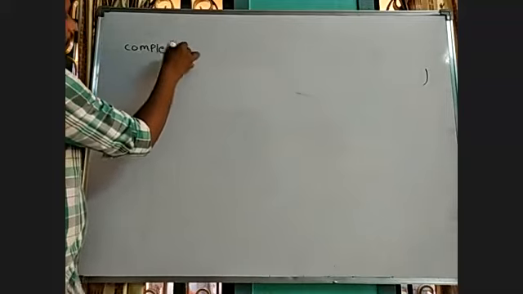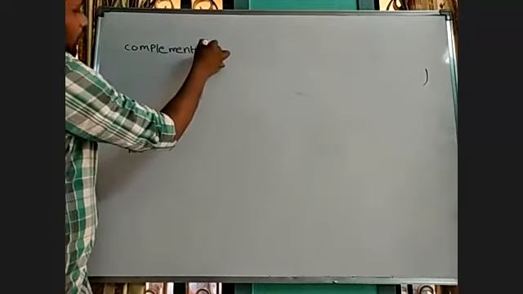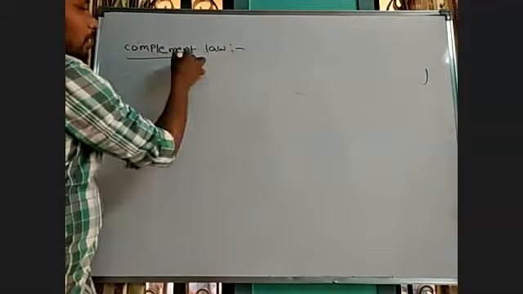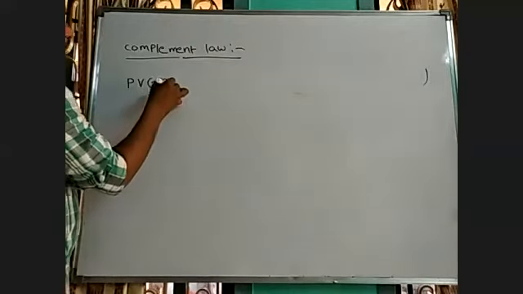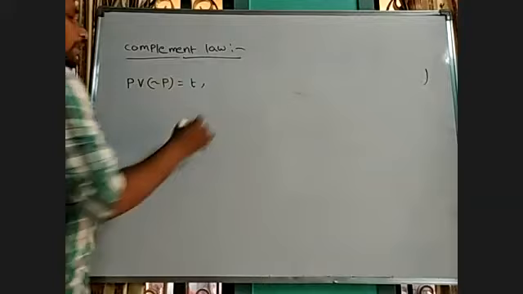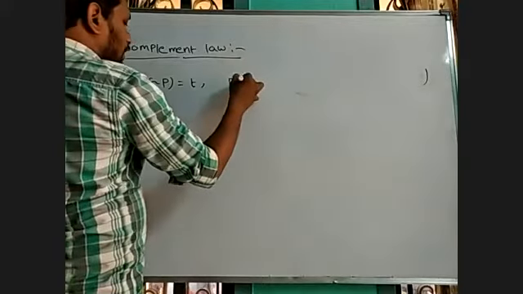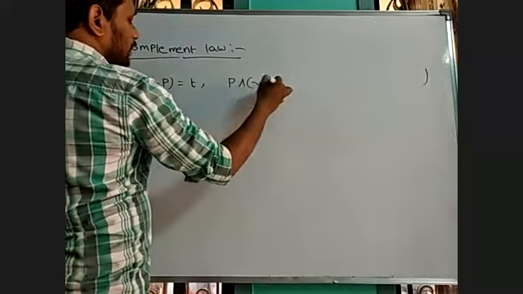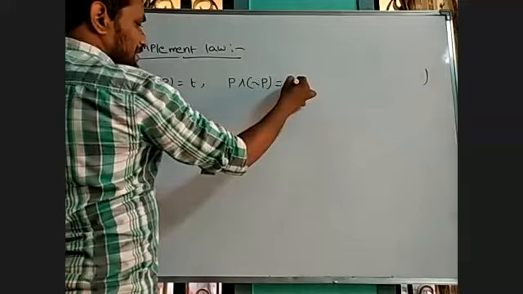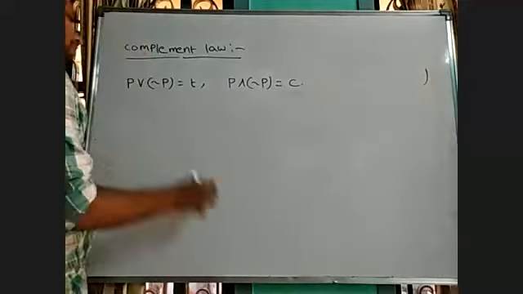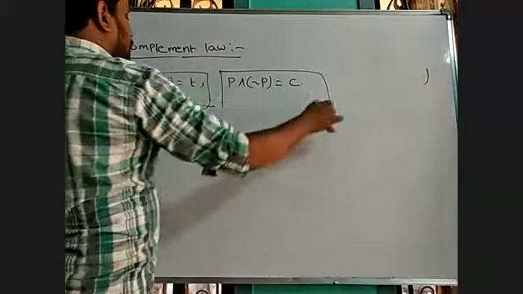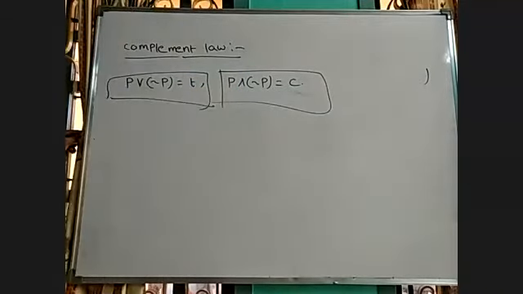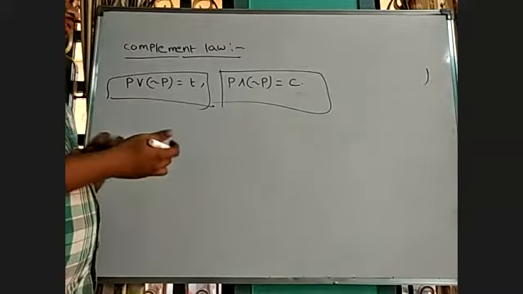Complement law means P and negation of P equals T. Next, P and negation of T equals what? This is C, means contradiction. You want to check it? Check. Complement law. Okay.